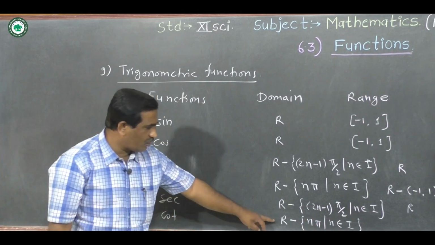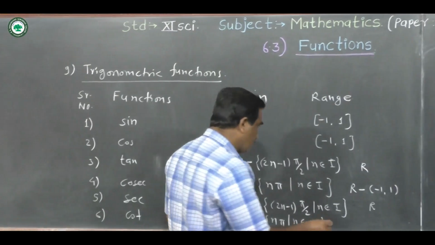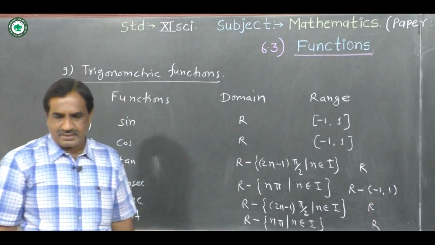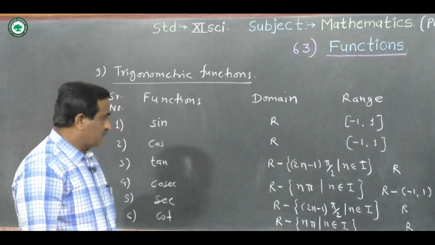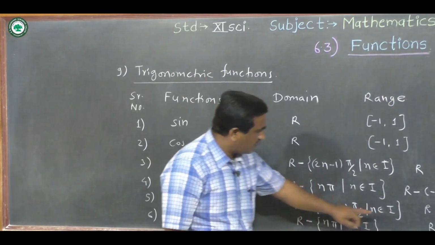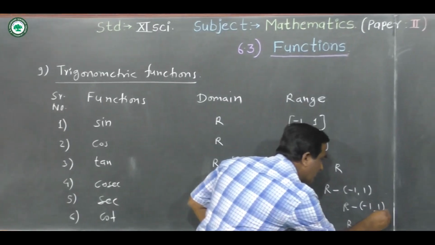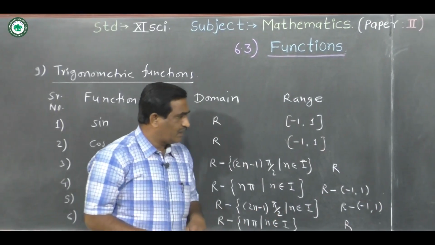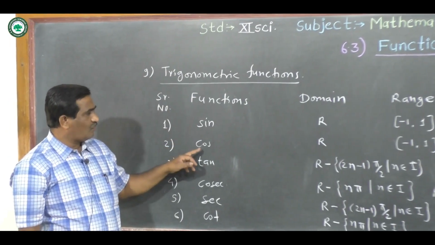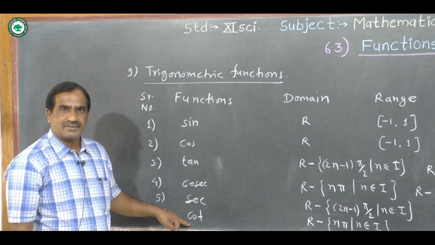This is the domain for the cotangent, and the range for the cotangent is R. And the range for secant is here R minus the open interval -1 to 1. These are the domains and ranges for the trigonometric functions: sine, cos, tan, cosec, sec, and cotangent.